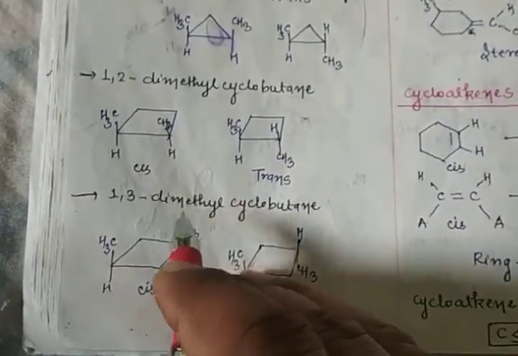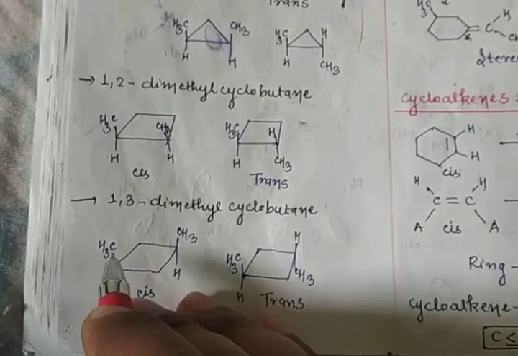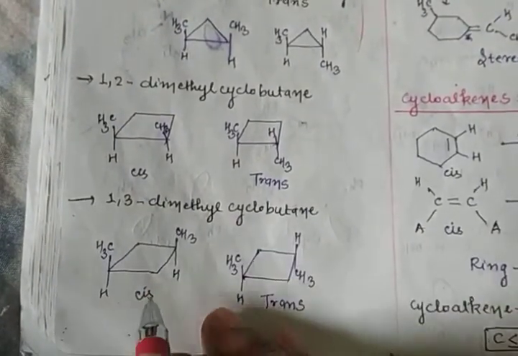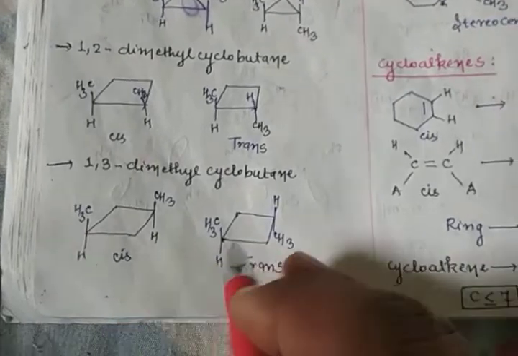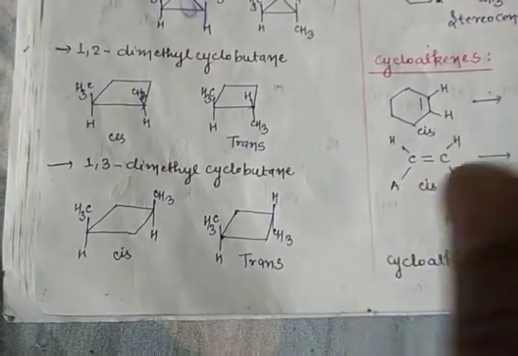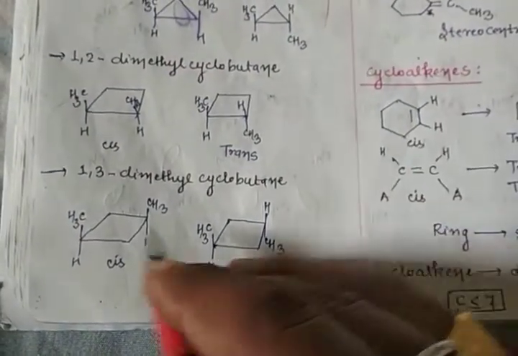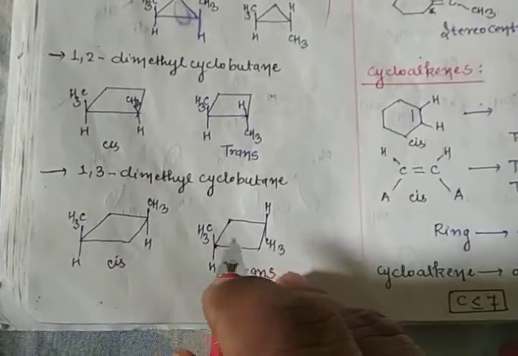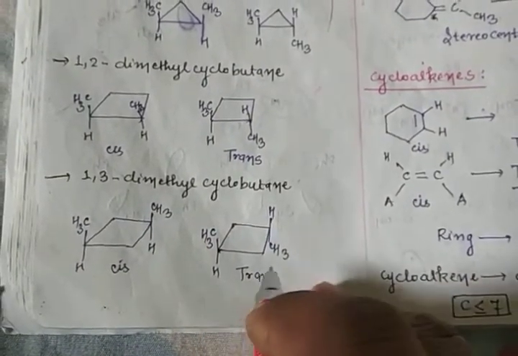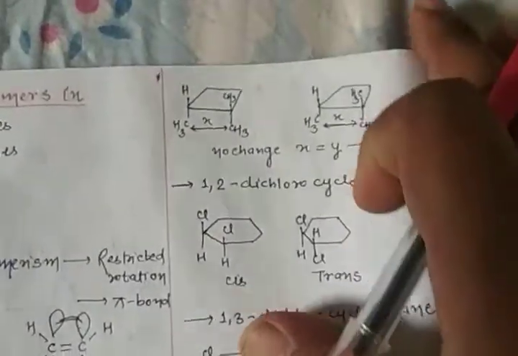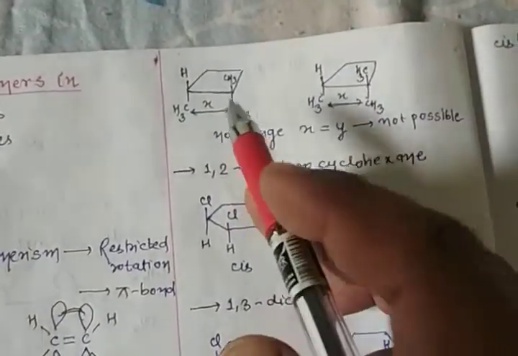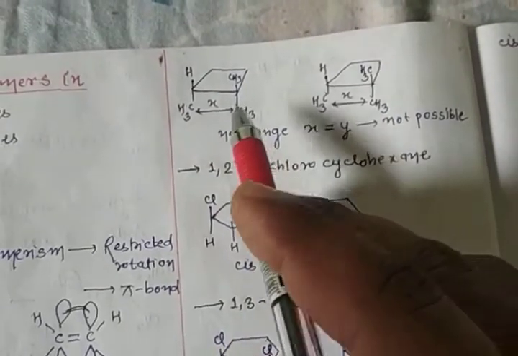Same for 1,3-dimethylcyclobutane: CH3 on the same side means cis, H on the same side means cis, CH3 on opposite sides means trans. You know this is the distance x and this is the distance y, so definitely y is greater than x. Same for this example.